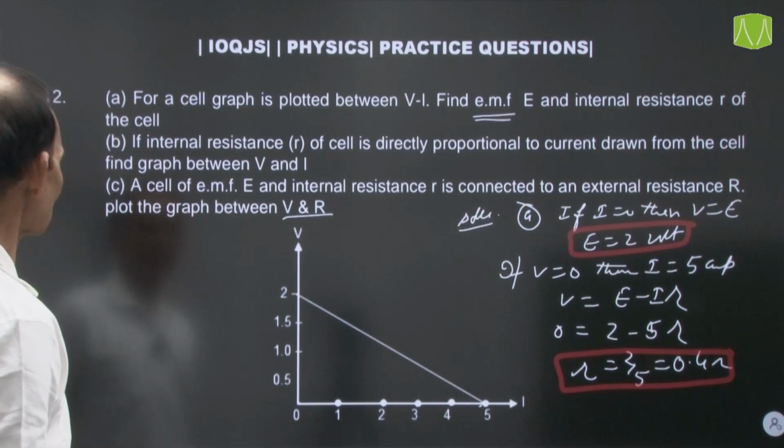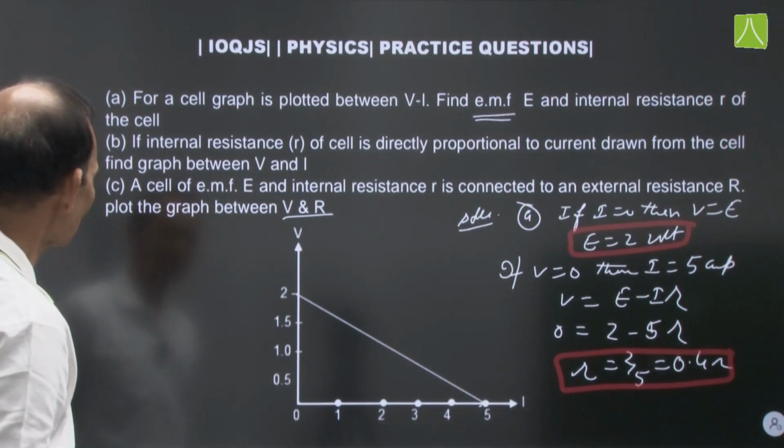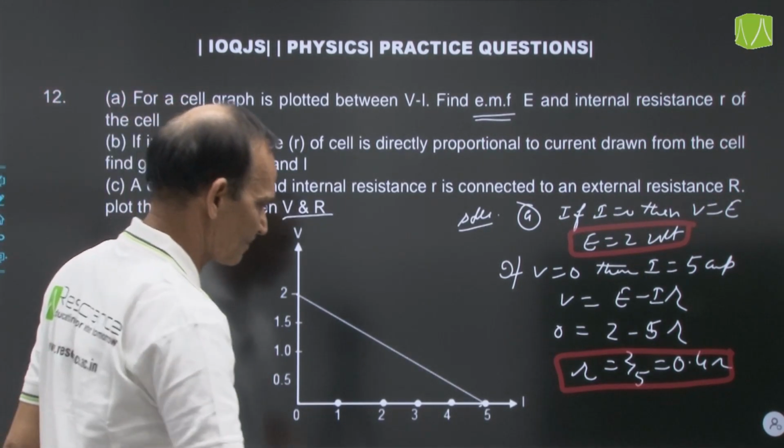A part, B part or C part? C part I want to solve, that is C part, a cell of EMF.